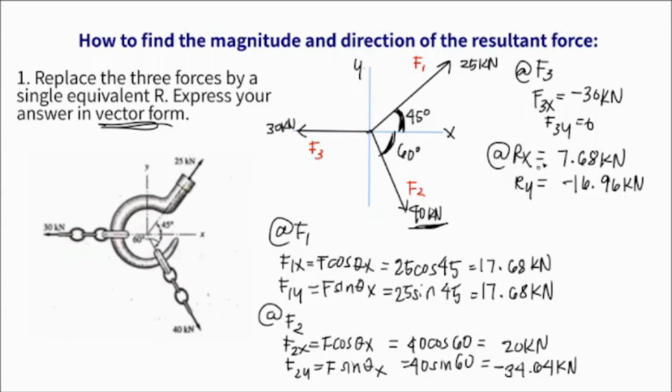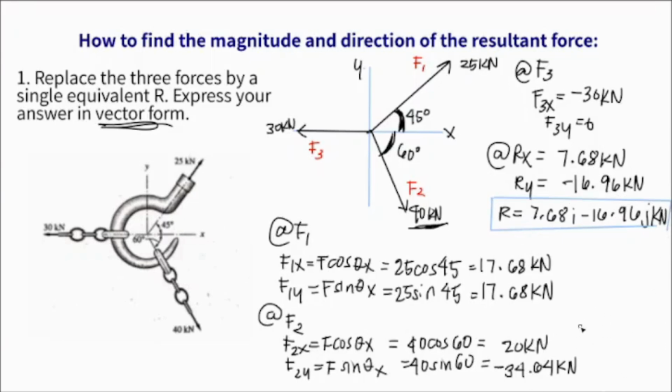The x component, Rx, is the one with i, and the y component, negative 16.96, is the one with j. So R is equal to 7.68 i minus 16.96 j. That is our answer in vector form. Let's not forget the unit: kilonewtons.